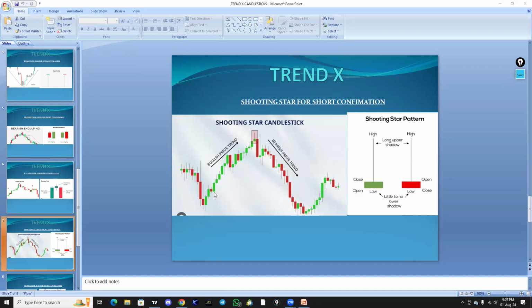Until we get any confirmation, we are not going to execute our trades. Okay, this is how it looks. Sometimes we see wicks here. Yes, you can consider it as a shooting star or inverted hammer.